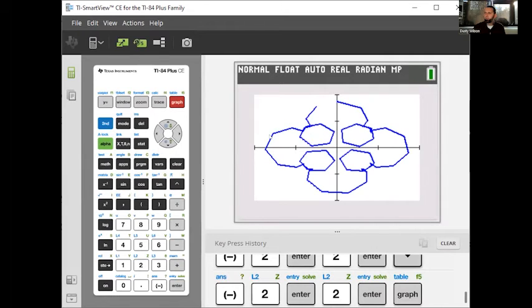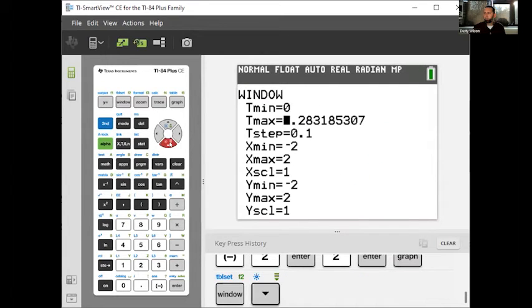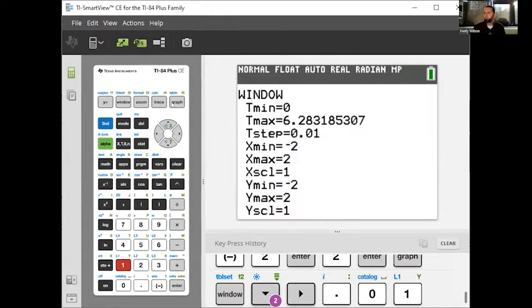But what I really want to emphasize is you have these line segments. There's nothing soft and curvy, even though you see the potential of some curviness here. Let's go back to our window, and as per the directions, let's change our t-step to 0.01 and graph.